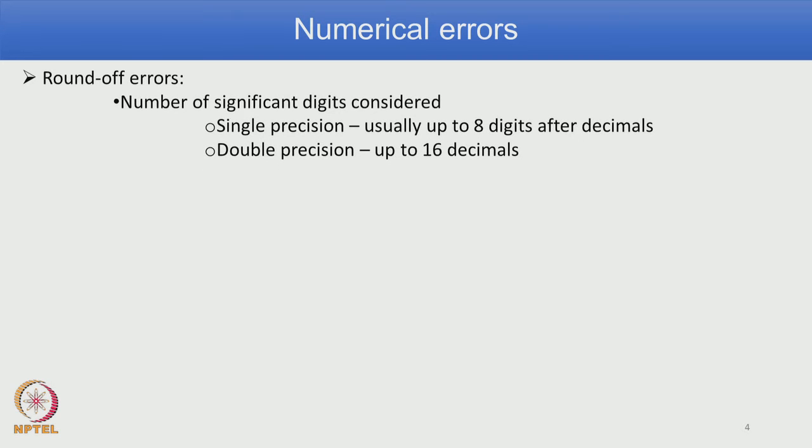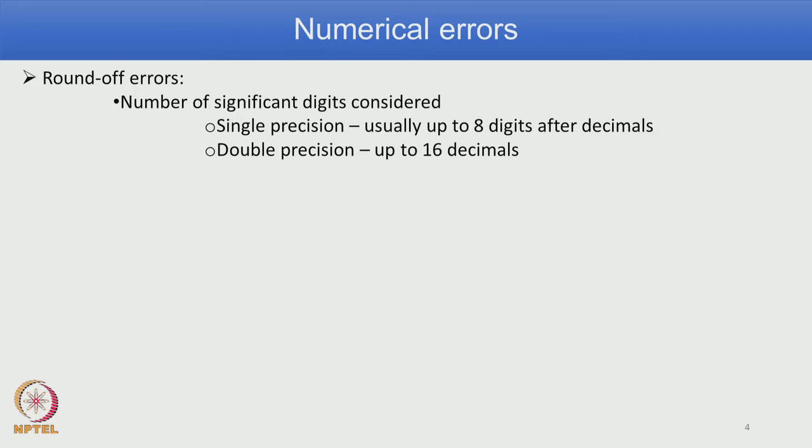Round off error relates to the number of significant digits considered. We know there are a lot of mathematical operations, subtraction, addition, multiplication and division, and in each of these arithmetic operations we handle numbers.